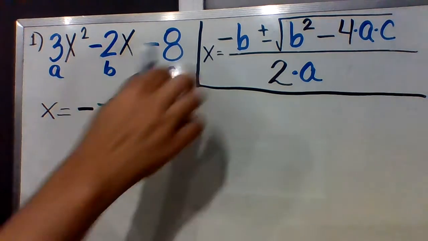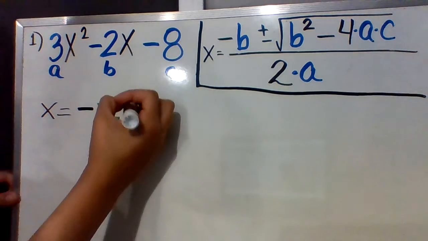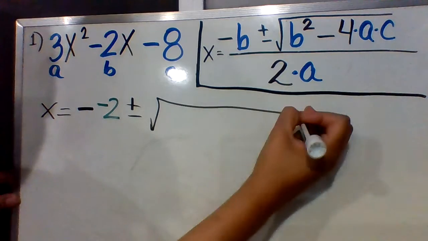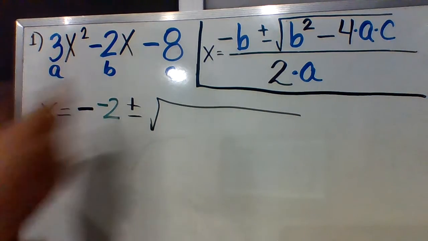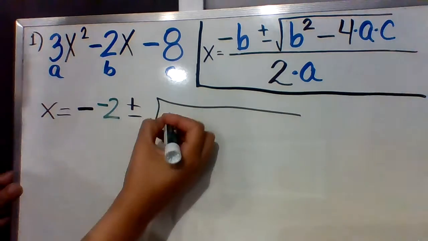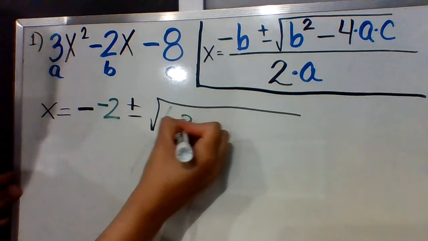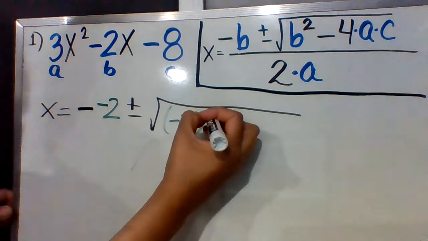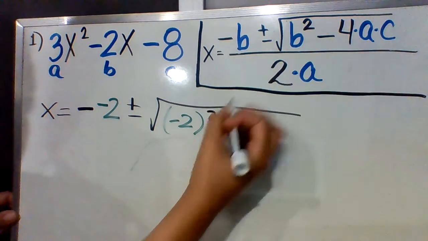And then my formula says to put the plus-minus symbol, the square root. And inside of the square root, I need to put B squared, and B is -2. I need to square it and then put -4.